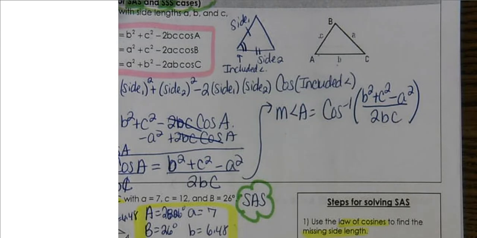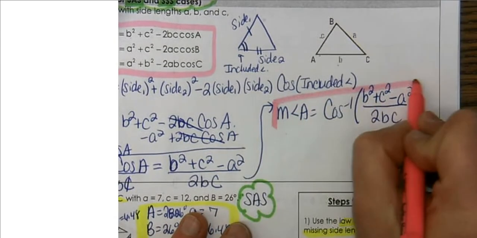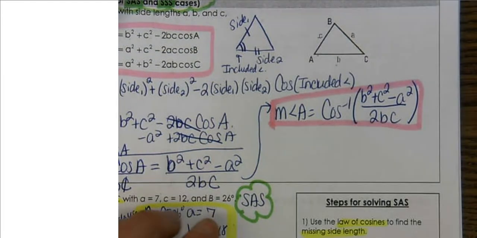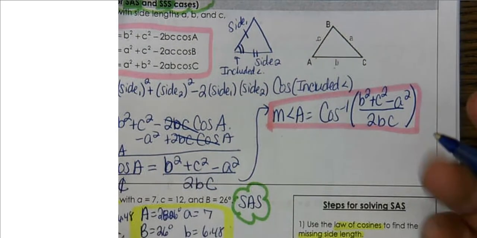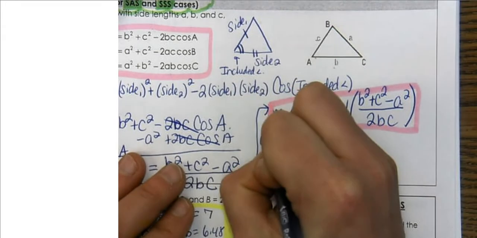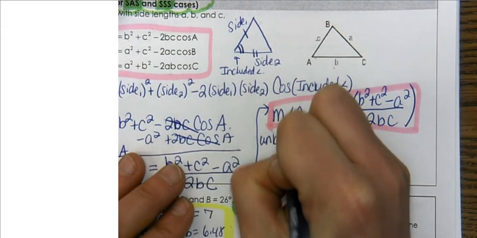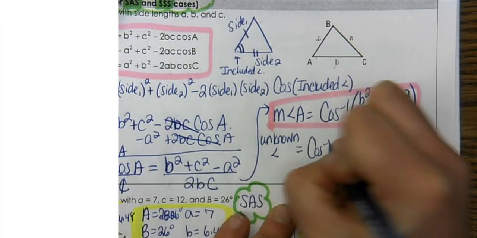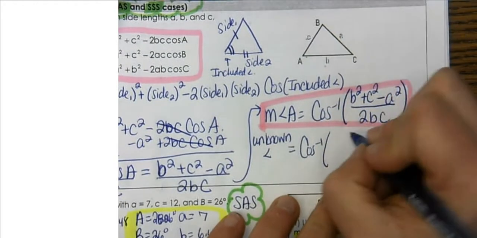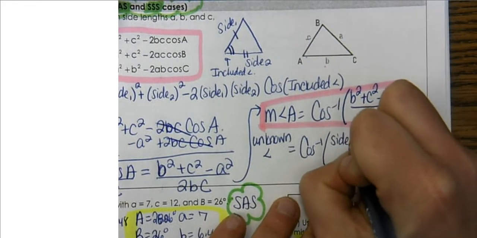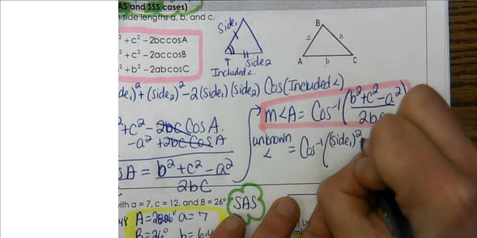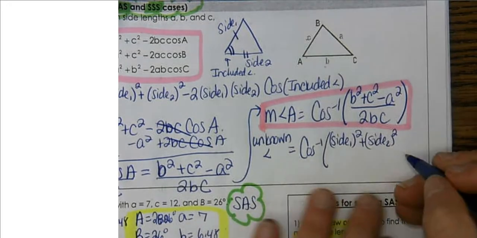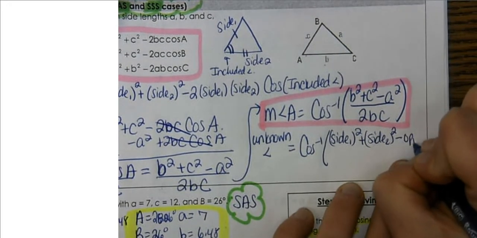So if we want to find a missing angle using the law of cosines, this would be our formula. In words, the measure of an unknown angle would be equal to the cosine inverse of side 1 squared plus side 2 squared minus your opposite side squared.